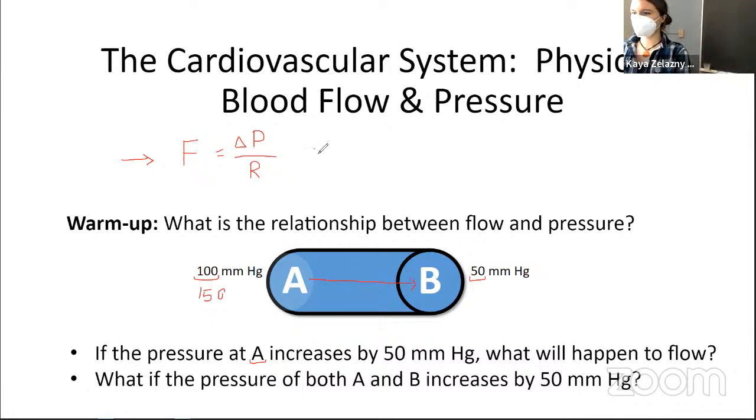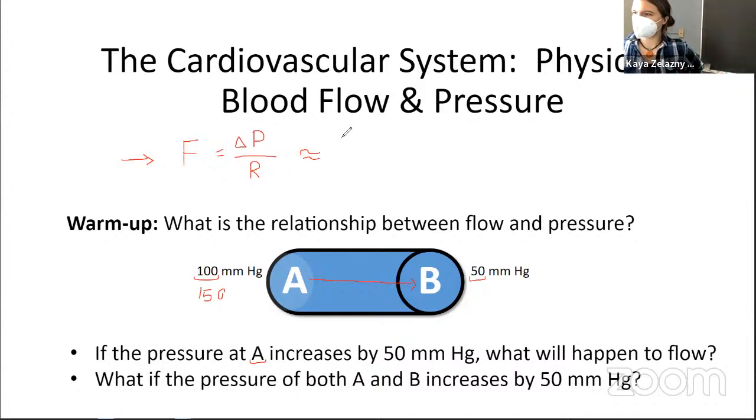So before we had our difference in pressure. And that shouldn't be an equal sign. So I'm going to use this because they're going to have an approximation maybe.